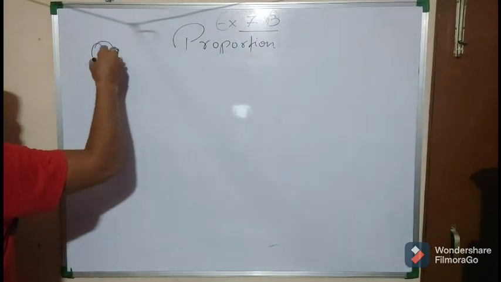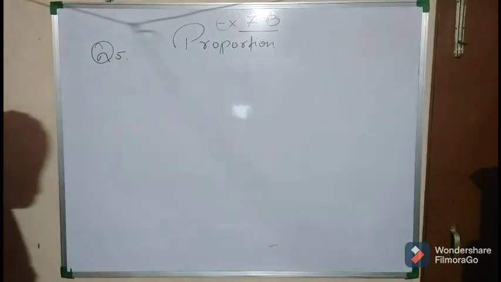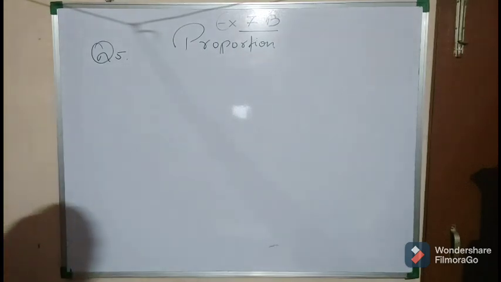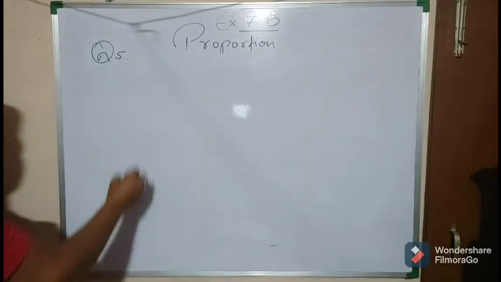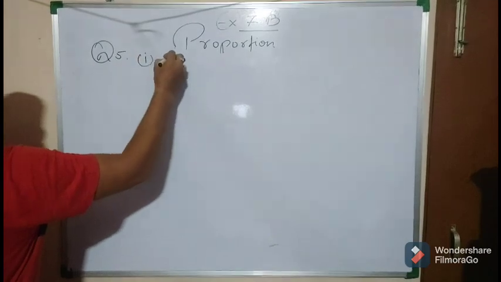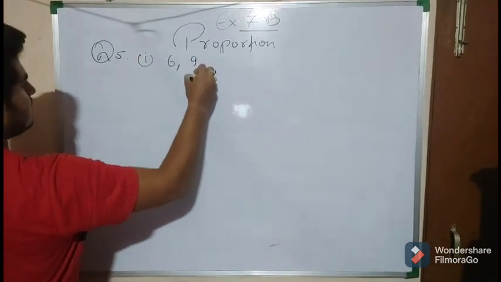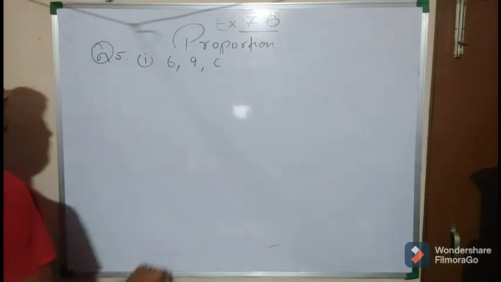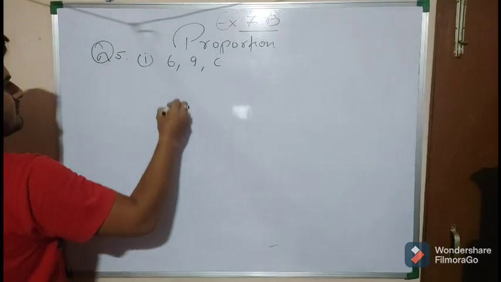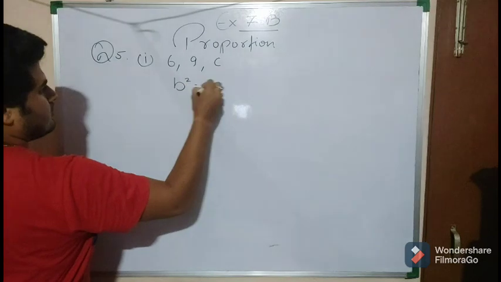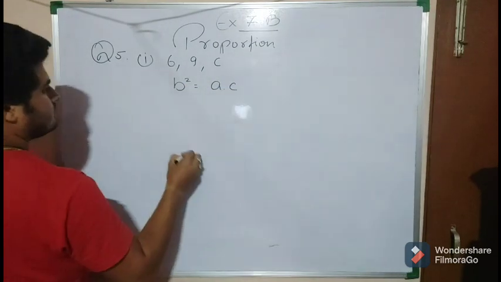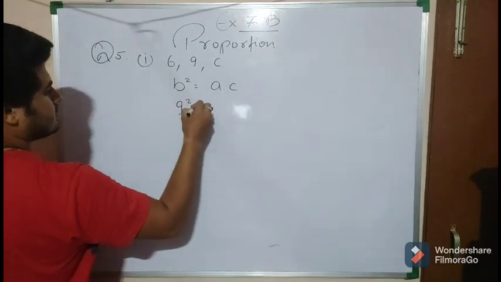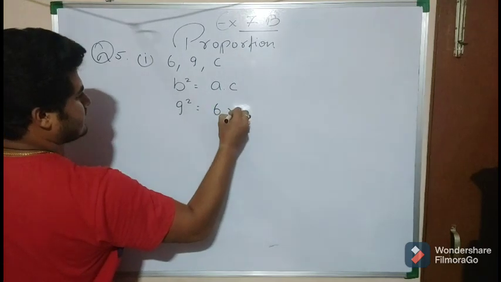Question number 5, find the third proportion. 6 comma 9, the third proportion is not there, so let us suppose it is C. By the formula, B square is equal to A into C, so 9 square is equal to A into C, where A is 6.